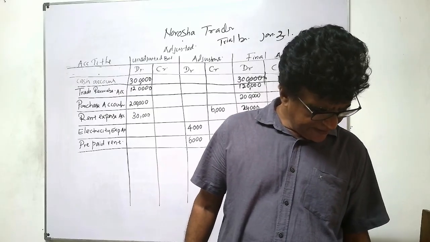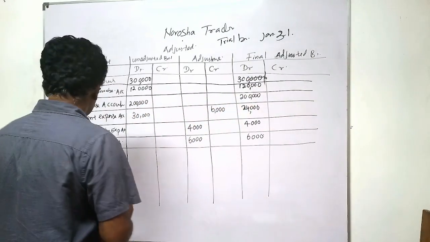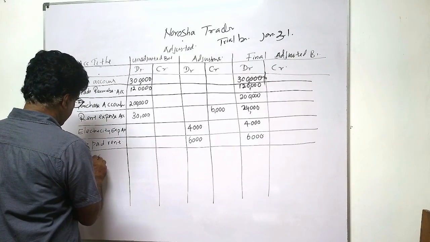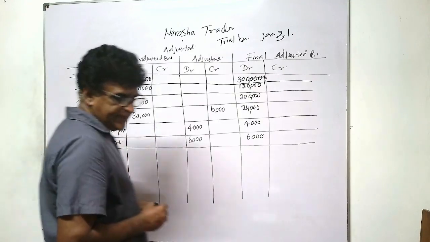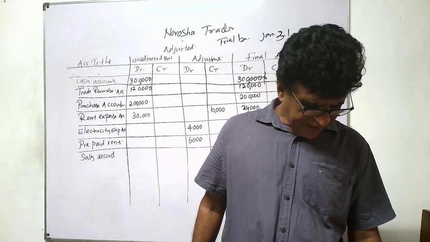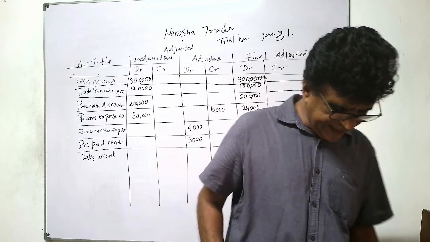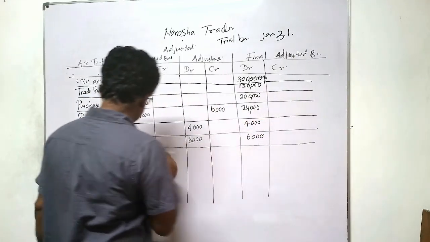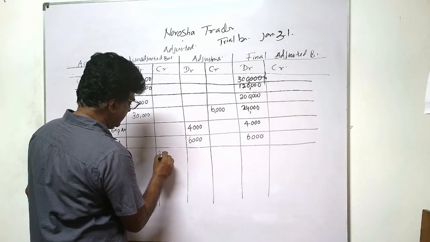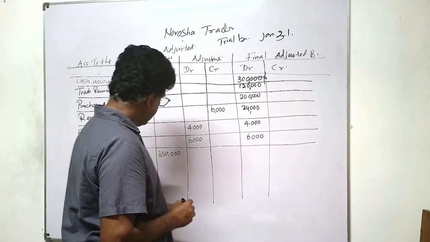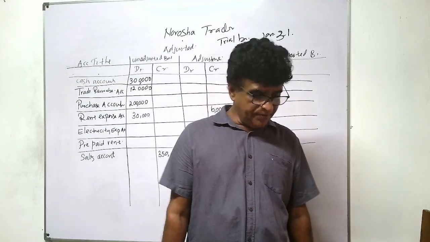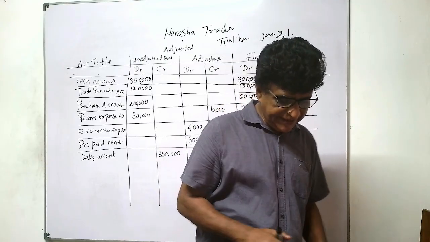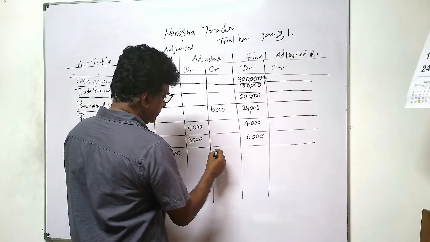What is it? That 20,000. In the sales account, there's a 350,000 credit balance, and we have detected an error correction. There's 20,000 missing. That was the error. Then we have to enter another credit of 20,000.